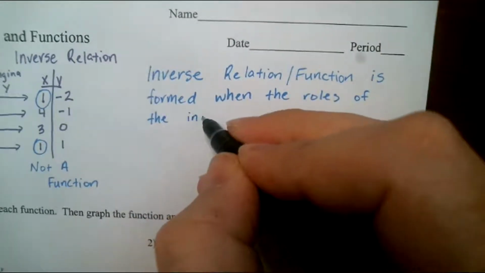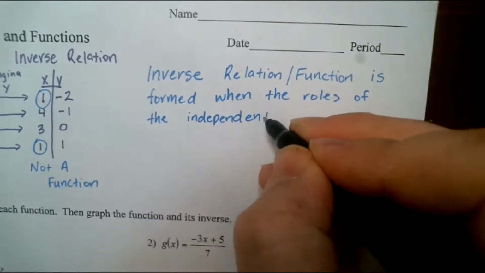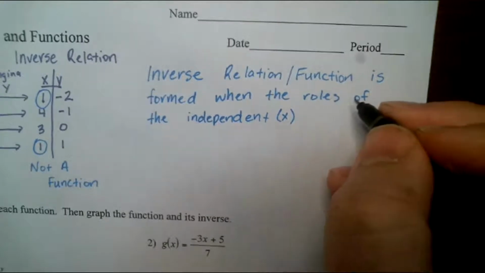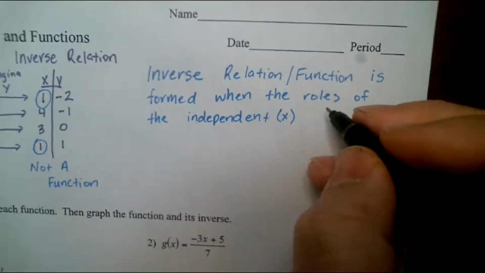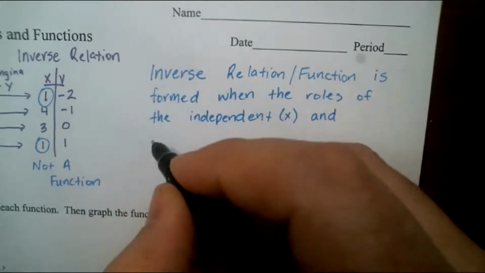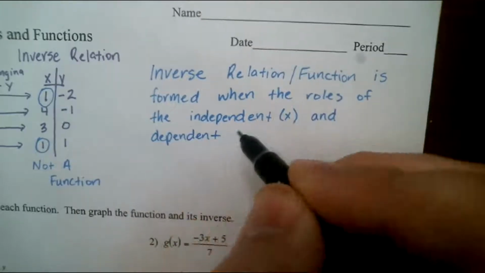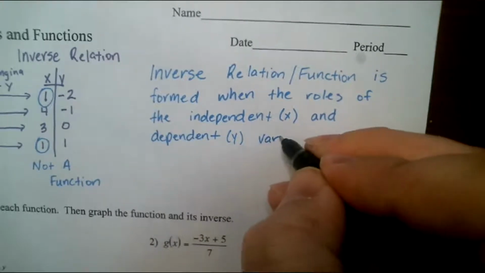The independent variable is always the x value, and the dependent is always the y variable.